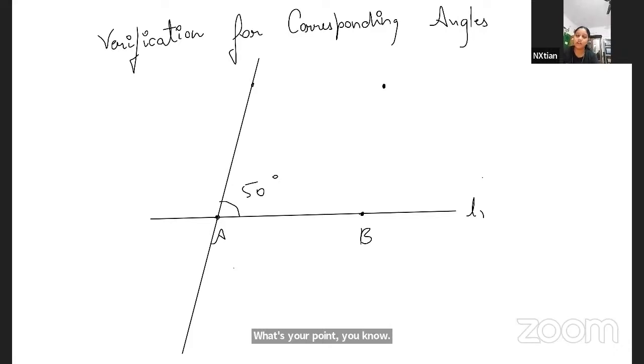Mark 50 degree and then join it to point B. Join it to point B and cut it through B below. Okay, below B.